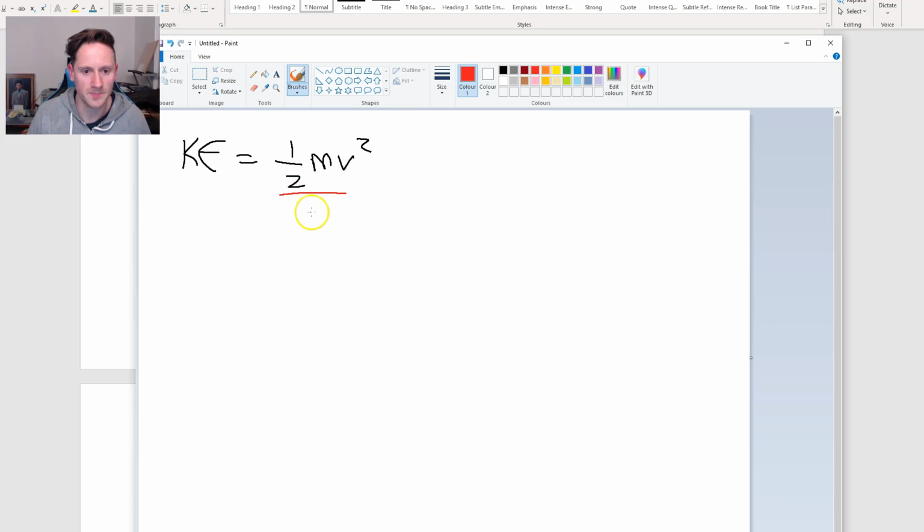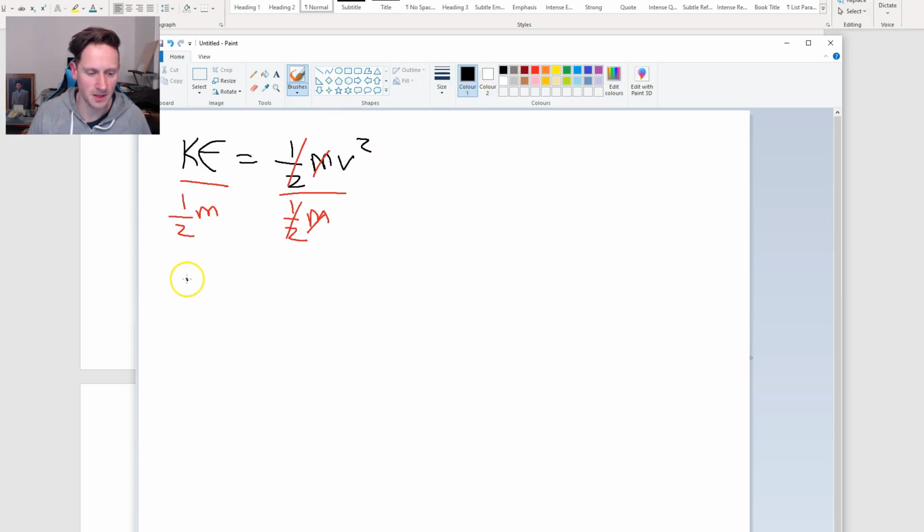So what I'm going to do is divide both sides of this equation by half and m, because those are the factors that I want to get rid of because I want to get v by itself. So half and half cancel, m and m cancel. So what's left is KE over half m equals v squared.